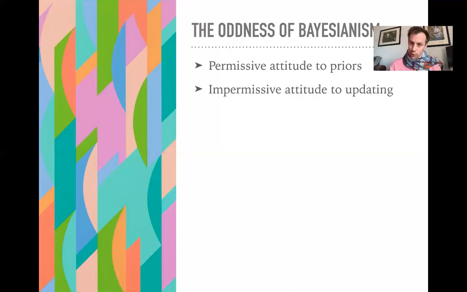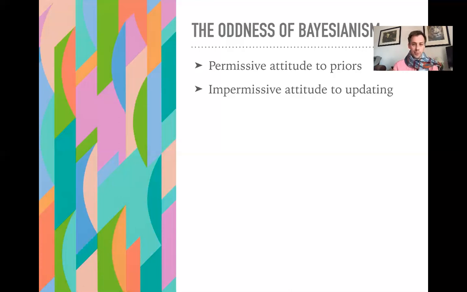Now, I mention those two norms partly because they're the core norms of Bayesianism, but also because they're oddly different in the extent to which they're permissive norms. So the norm that governs your priors, so these are the credences that you have right at the beginning of your epistemic life before you've gained any evidence at all. The norm that governs the credences you have in those is super, super permissive. Even for people who add on a bunch of different norms, they often end up with something that's very, very permissive.